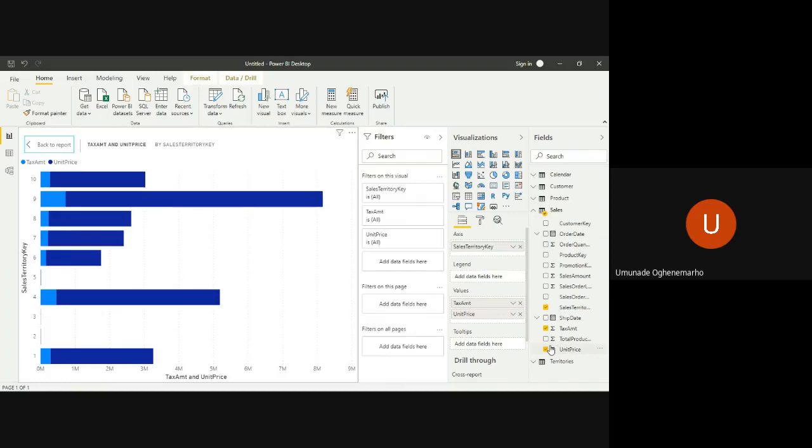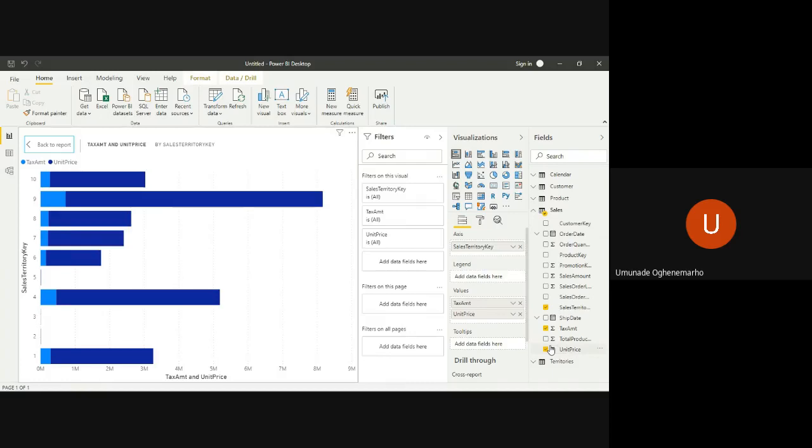Let's just take the tax amount and your unit price. Basically, the both of them combined would give you your sales amount. The price for a single unit of any particular good plus the tax will give you how much it will be sold in the store, right?